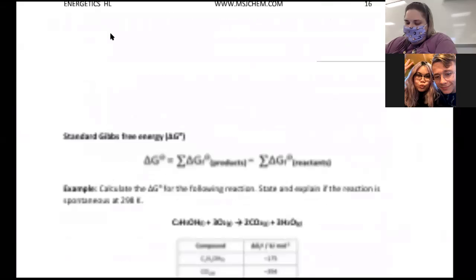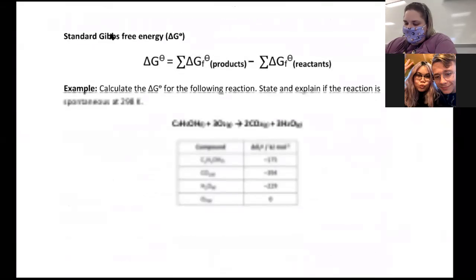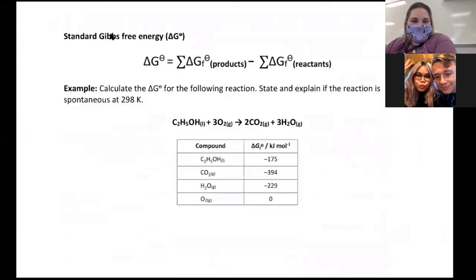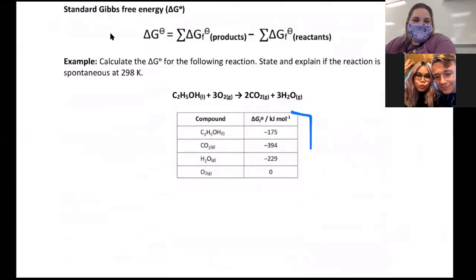So in this example, they gave me all of the values. These are all delta G of formation. Okay, they're Gibbs free energy of formation values. So if they gave me these delta G with the little f, that formation, that's where I would use this equation where I add up the products and reactants and then subtract them.